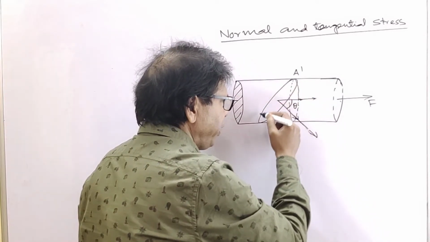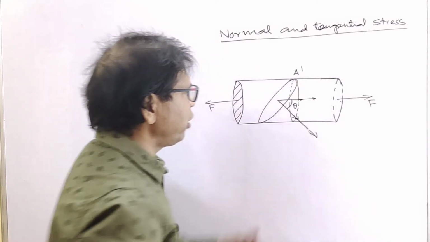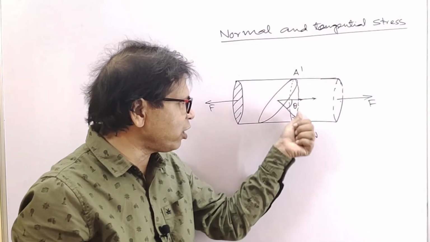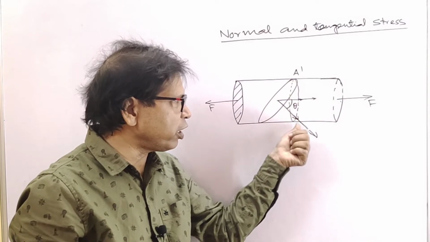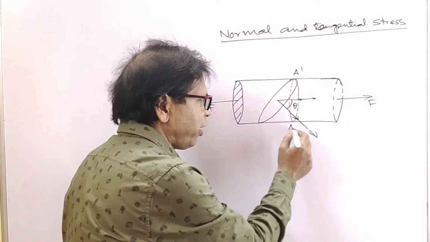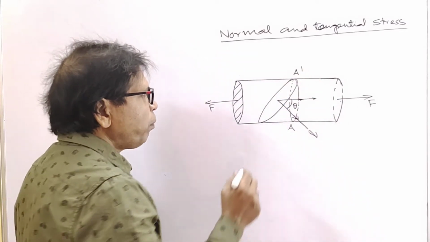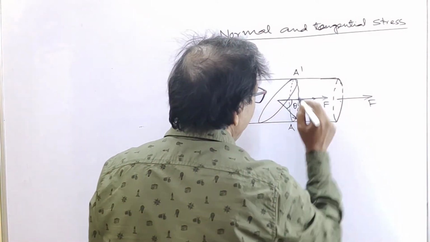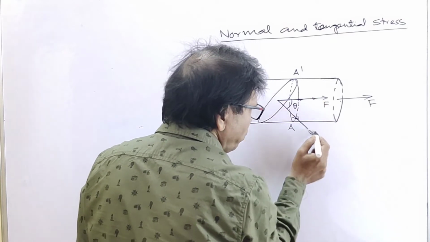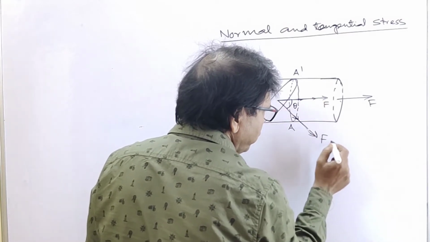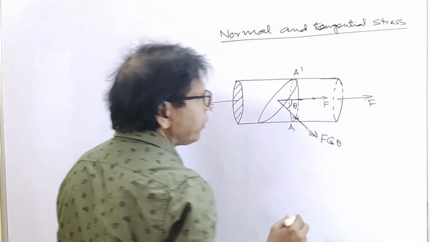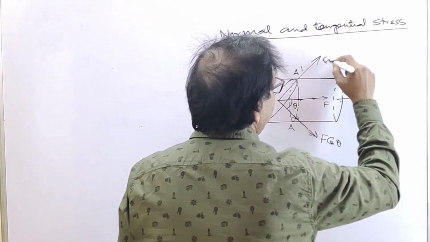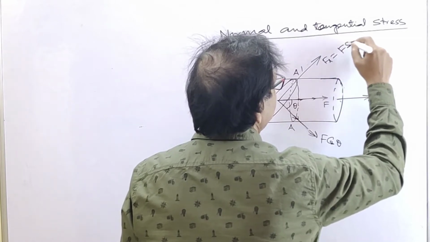We have to calculate tangential and normal stress on the area A dash, which makes an angle theta with the area of cross section A. Now the force acting on it along this direction is F. So the component of this force along this direction is F cos theta, and the component along this surface is the tangential force Ft, which is F sin theta.